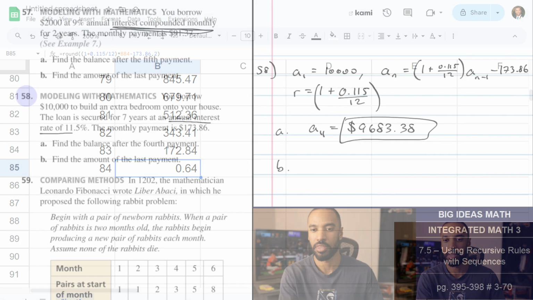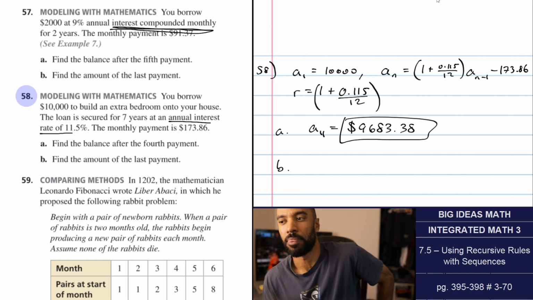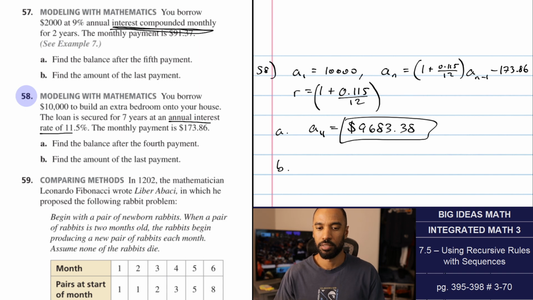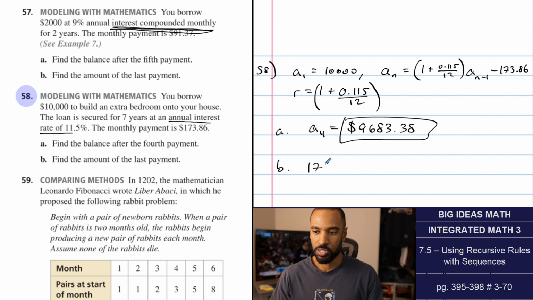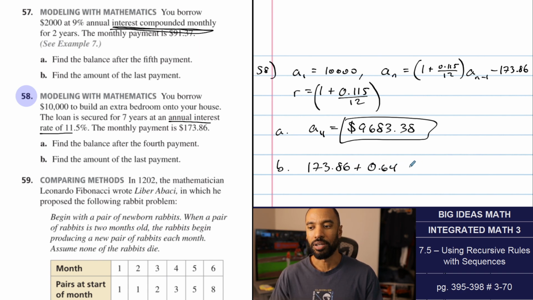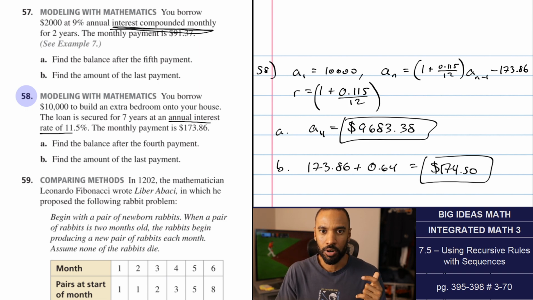So my belief for this one, and I have to go back to the last problem now, is that we're going to take 173.86 plus 0.64, given how Excel is using that. Now that is 174.50 for the last month paid, because they're still at 64 cents owed.